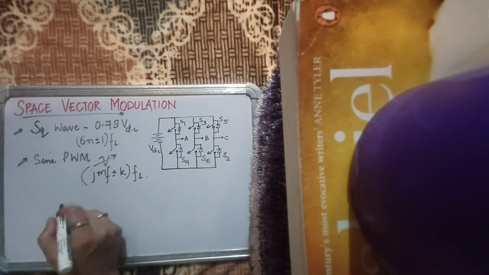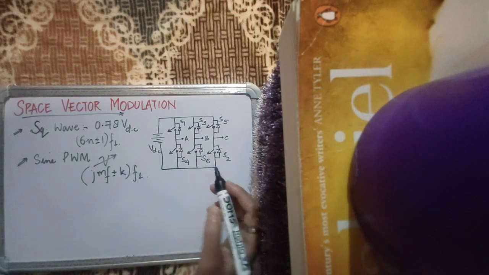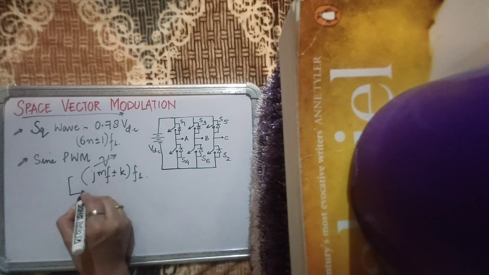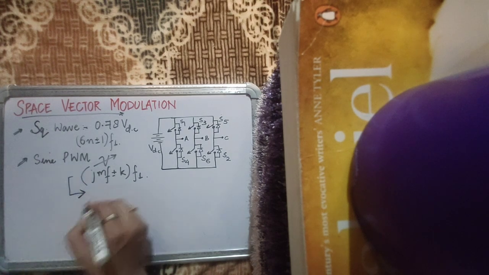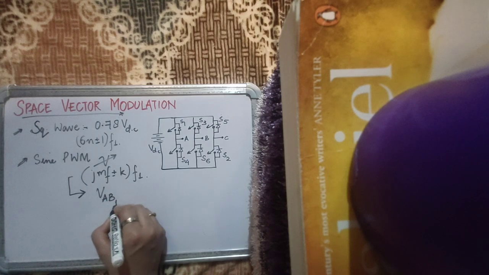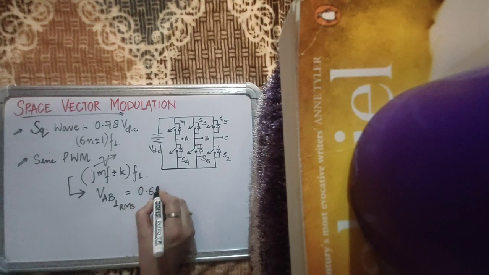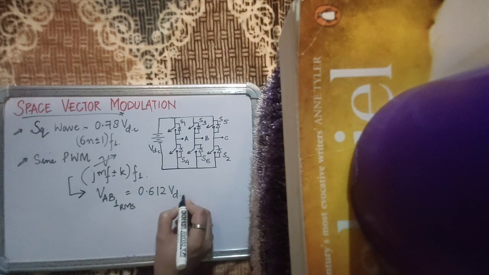But in sine PWM, we saw that we got control over the output voltage and harmonics shifted to the high frequency side at the expense of deteriorating the utilization of the DC voltage. The line voltage RMS value was reduced to only 0.612 times the input DC voltage.